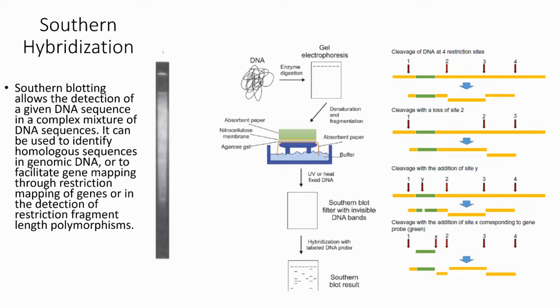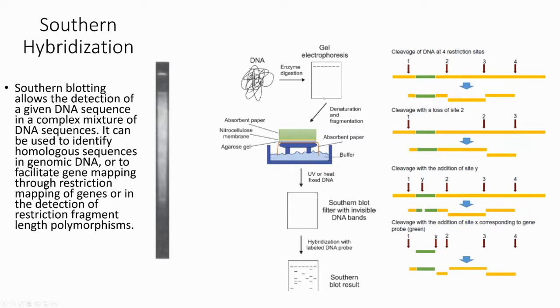The first step of Southern hybridization is you purify the DNA. Then this DNA is subjected to restriction enzyme digestion. After the digestion, you perform gel electrophoresis.